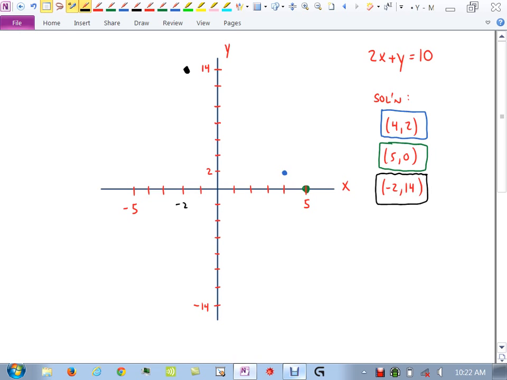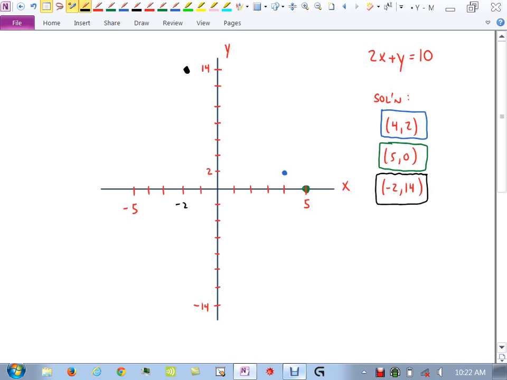Now, this chapter is titled Graphing Linear Equations in 2 Variables, right? If you look at those 3 dots, don't they appear to all line up? Linear meaning line.